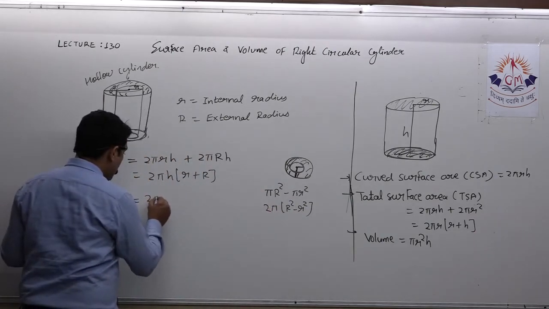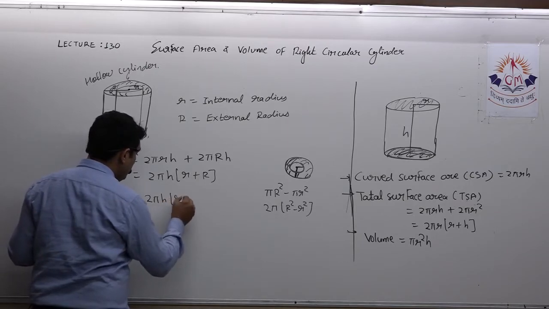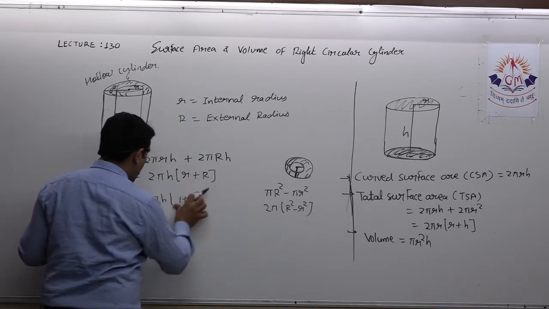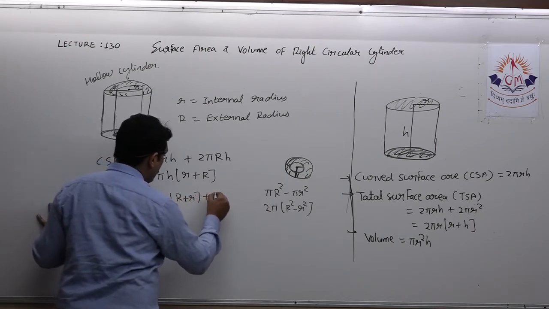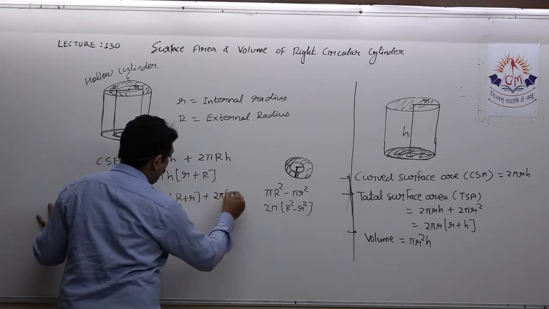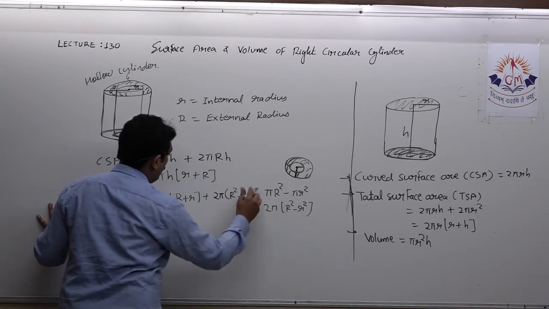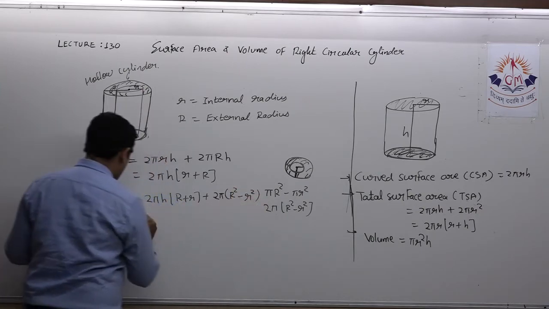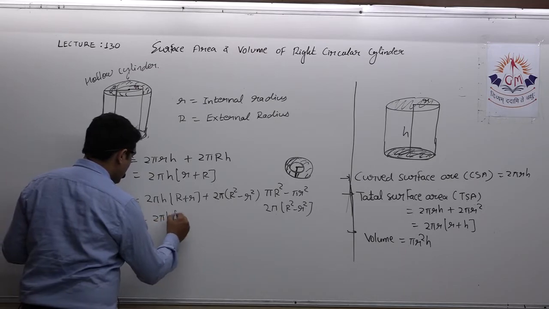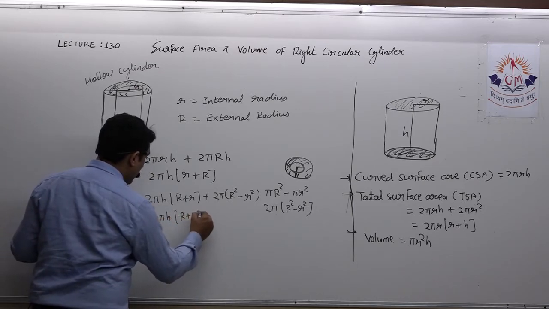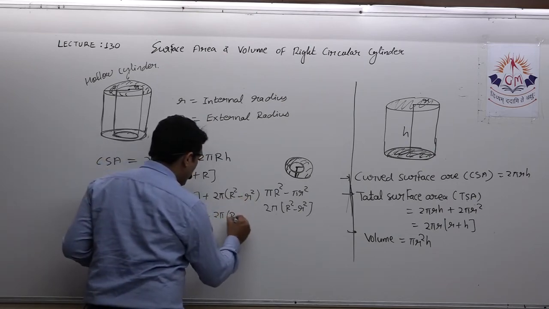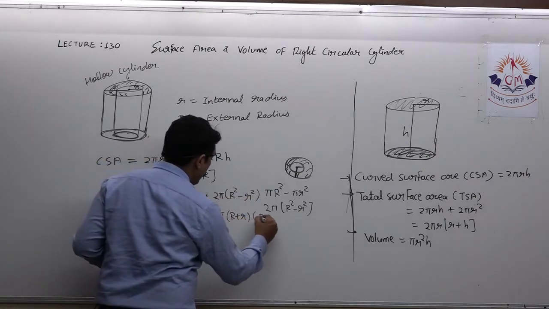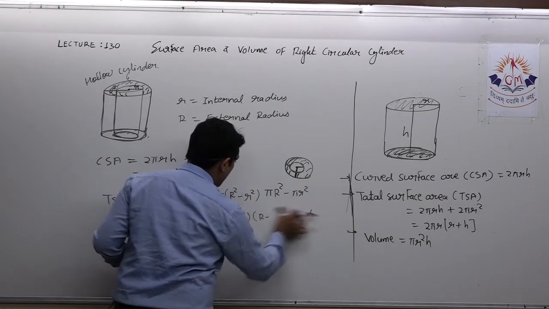So other than CSA, we have CSA plus area of rings, plus 2 pi (capital R square minus small r square). Now here, 2 pi h (capital R plus small r). I can simplify this. Here a square minus b square, so (capital R plus small r)(capital R minus small r).